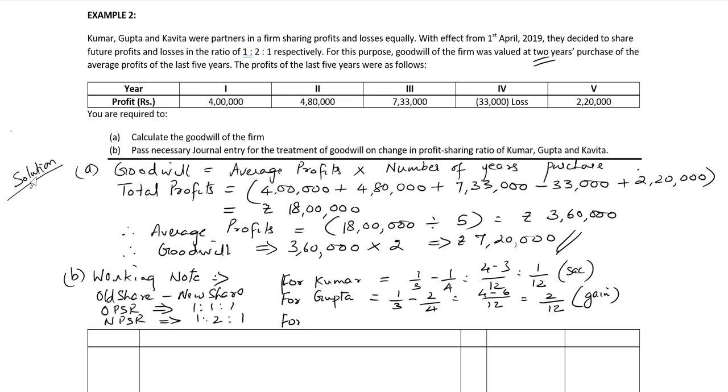And for Kavita, 1 by 3 minus 1 by 4 is a positive 1 by 12. So, Kavita also sacrifices.